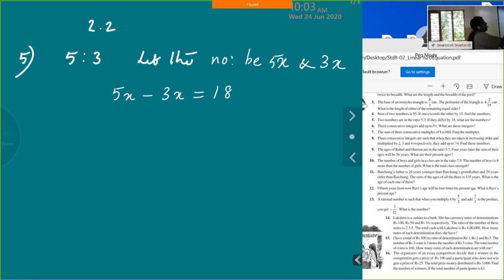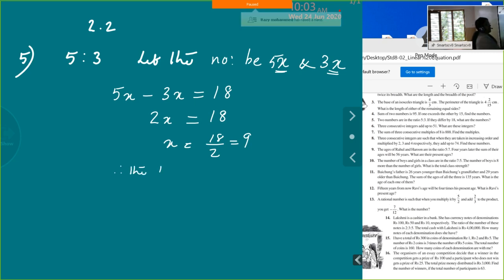So 5x minus 3x gives 2x, that is equal to 18. So x is equal to 18 by 2, that is 9. So we are getting the value of x here.